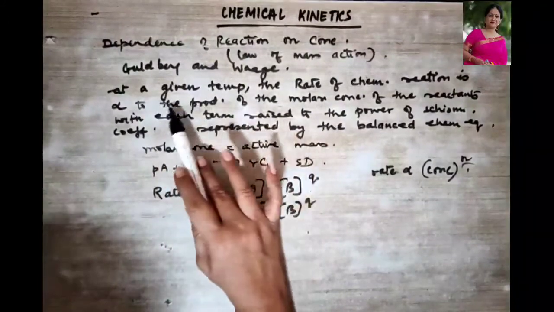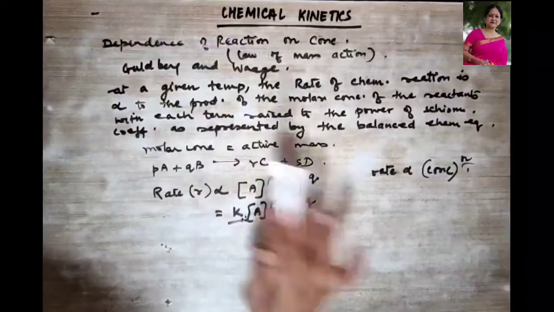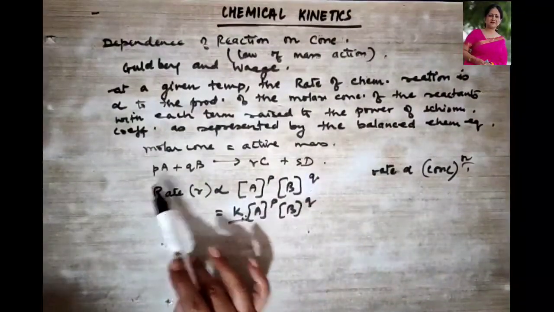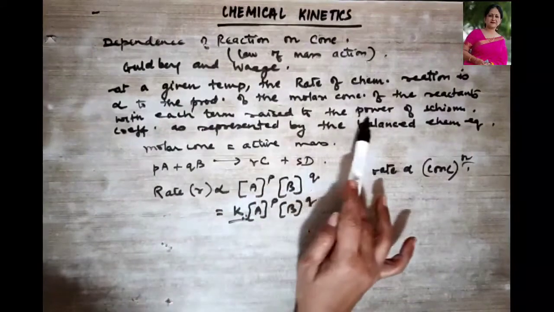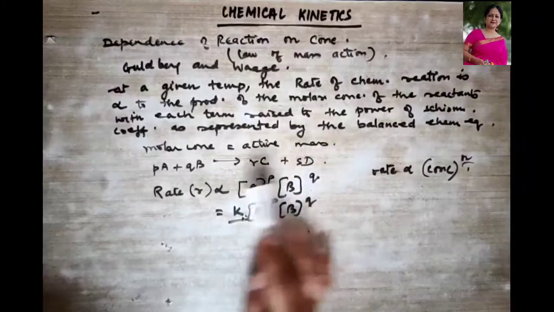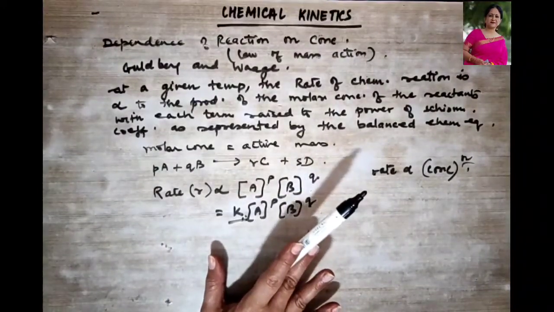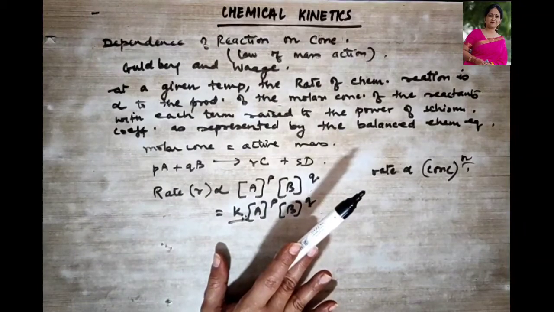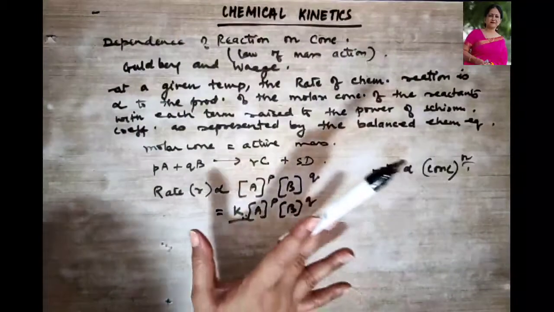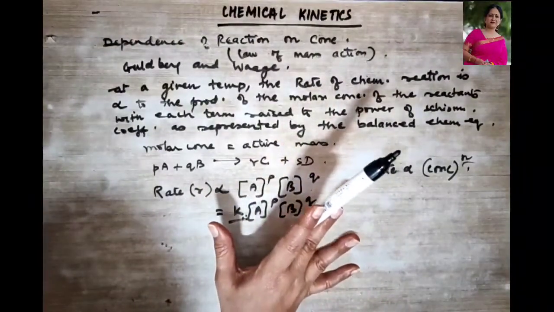What did they say? That at a given temperature, the rate of chemical reaction is directly proportional to the product of the molar concentration of the reactants, with each term raised to the power of the stoichiometric coefficient as represented by a balanced equation. Clear? Also remember that according to their theory, it was applicable only for simple elementary single-step reactions, right?